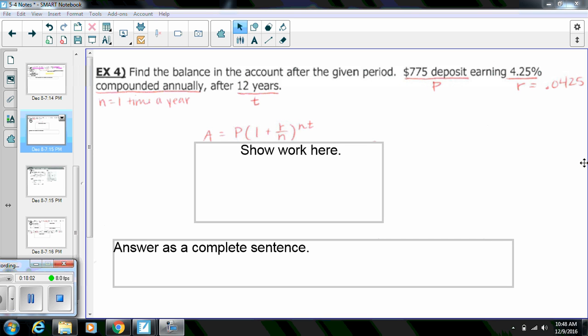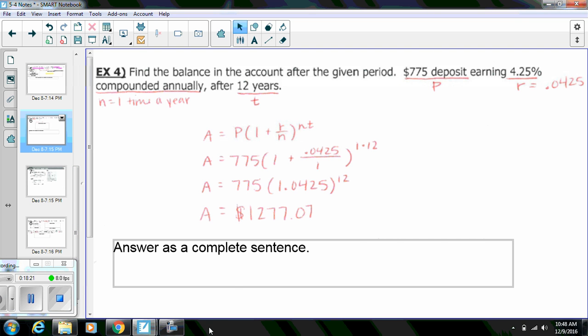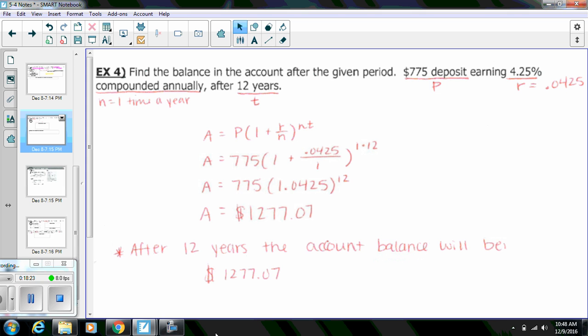Now you try this one all on your own. How do you set this up? What's my final answer? And what is the answer as a complete sentence? So go ahead and pause the video and then come back. So to check your work, I'll show you what it looks like here and my answer in a complete sentence.